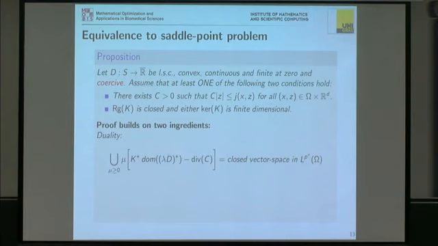For showing strong duality, there is this result by Attouch and Brezis, which is very useful, which says that strong duality holds whenever this condition is satisfied. So I take the union of all positive numbers, K star of the domain of my data discrepancy term, minus the divergence of C, where C is a constraint set, which is defined by the regularizer, by the integrand.